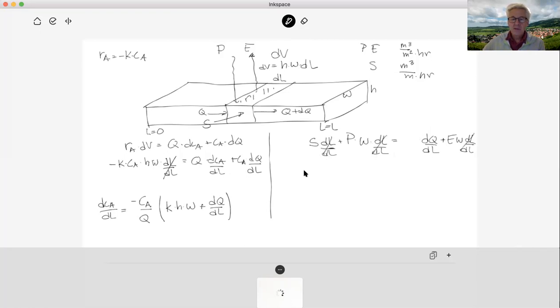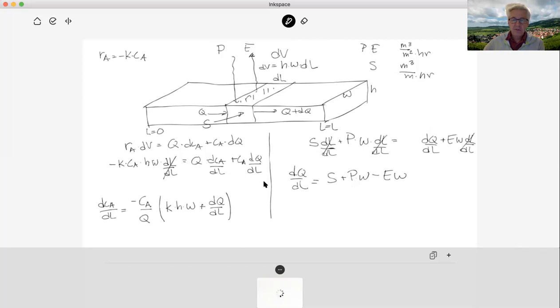And we see that dQ/dl equals S, because the flow will increase because of the seepage. It will increase because of the precipitation, and it will decrease because of the evaporation. So here we have a nice expression of dQ/dl, which does not depend on Q itself.